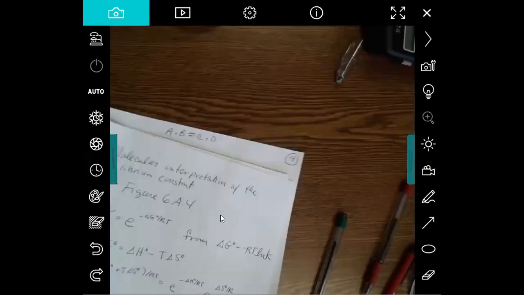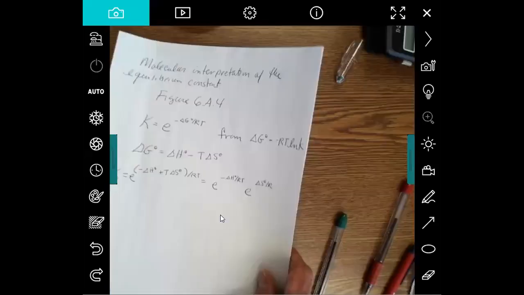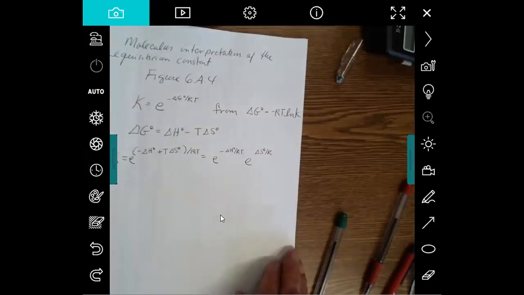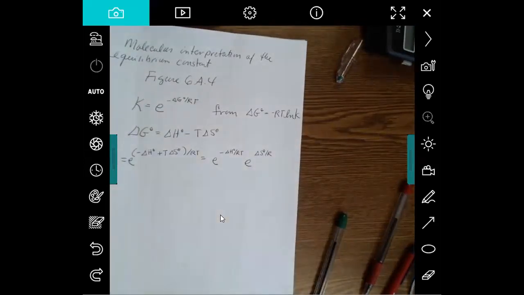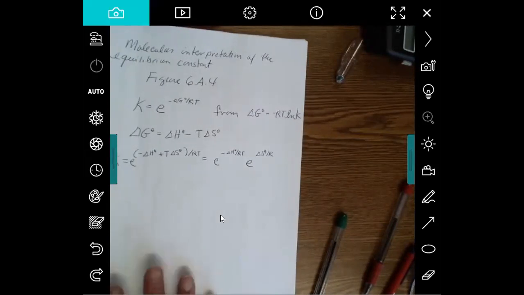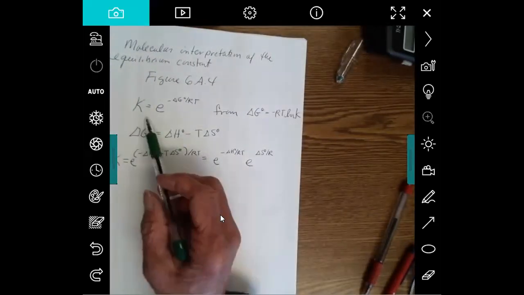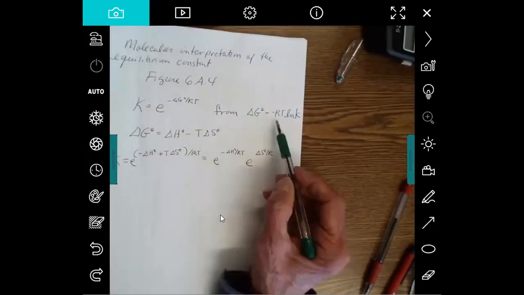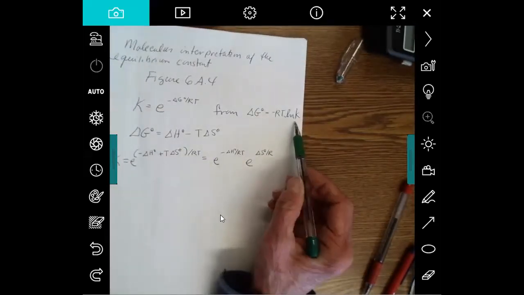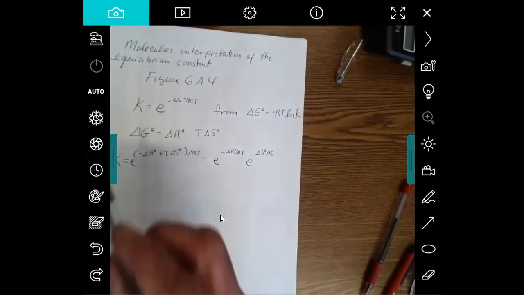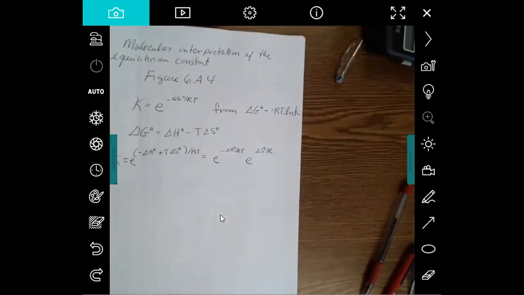So this first topic stops here with just a little discussion about the molecular interpretation of the equilibrium constant. Let's first look at this. If delta G is related to K, you can rearrange this and solve for K after you take each side and raise e to it.